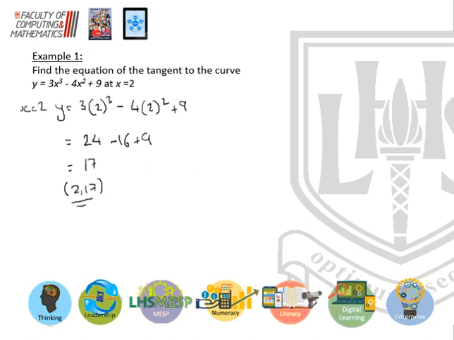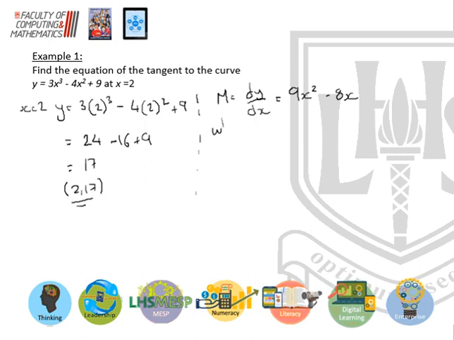Now, to find the gradient, and this is really the big part of this, we need the differential. The gradient is always equal to a differential. So the gradient is equal to dy by dx, which in this case, differentiating that, is 9x squared minus 8x. So that's a formula for the gradient.